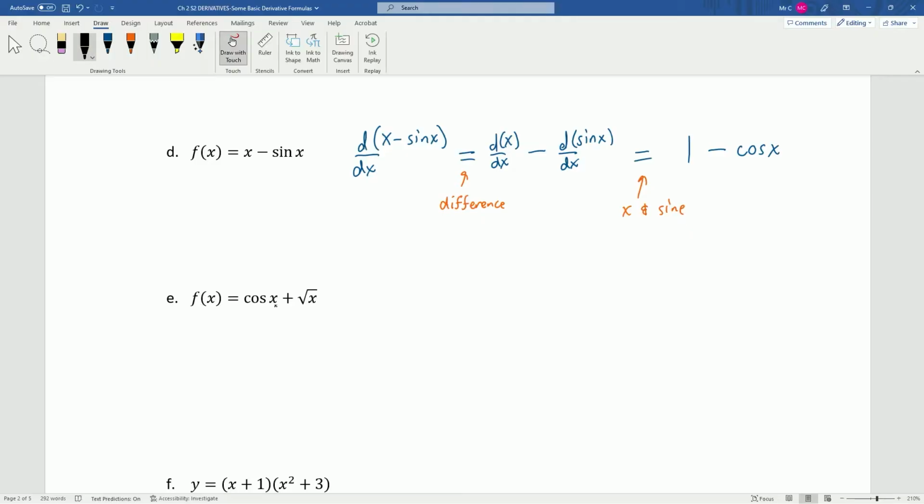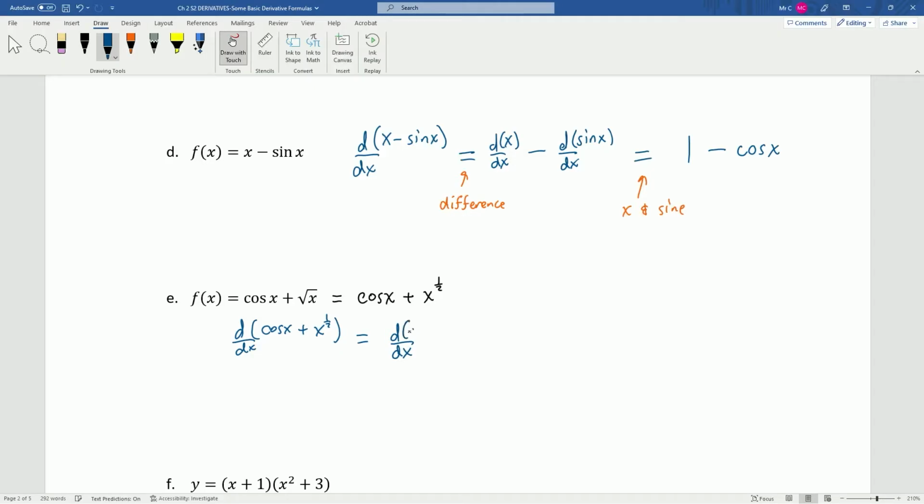Now, for this next one, cosine of x plus the square root of x, remember, we don't have any radical rules, but our radicals are really just fractional powers. So the first thing I'm going to do is just rewrite the function as cosine of x plus x to the 1/2. So now when I write out my derivative, I'll have this as a power, and I can apply the power rule. But first, I've got a sum between these two functions.